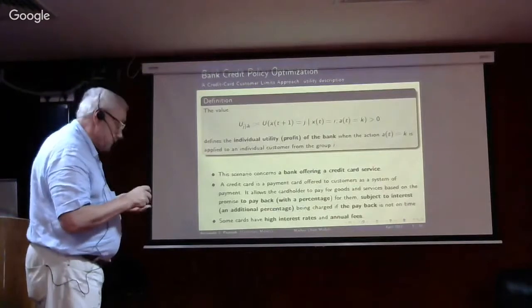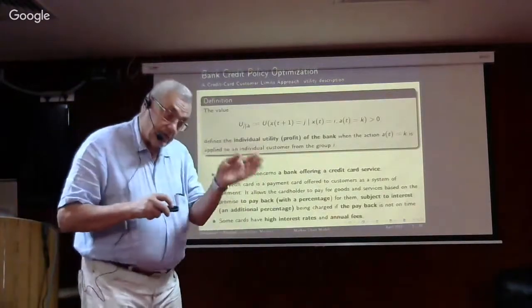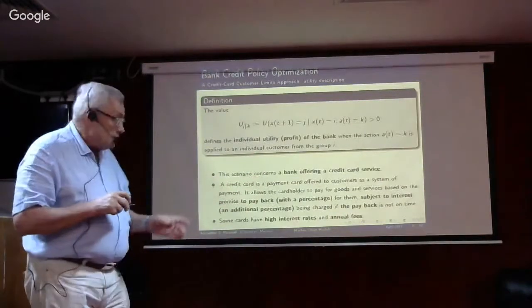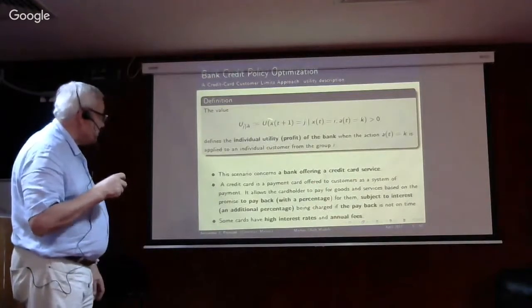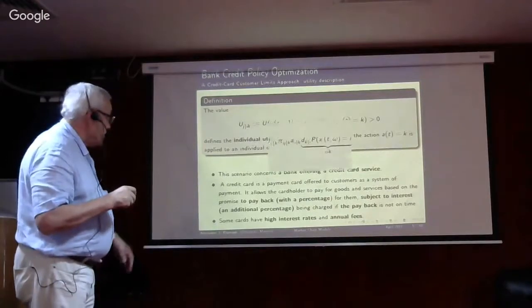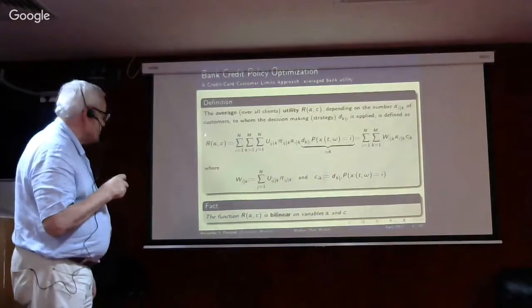The individual profit for the bank, if it proposes one card of some quality, the individual utility of profit of the bank is U. So we can again obtain the average utility of the bank.